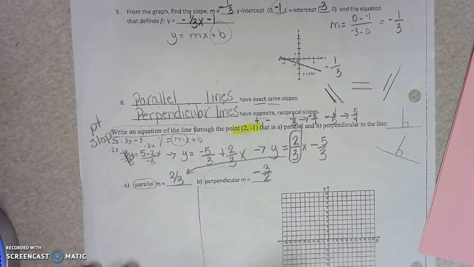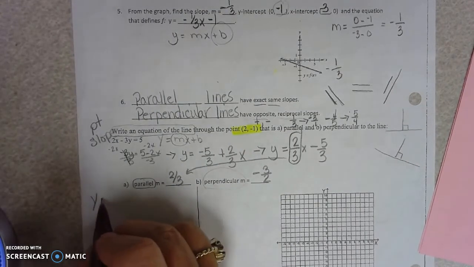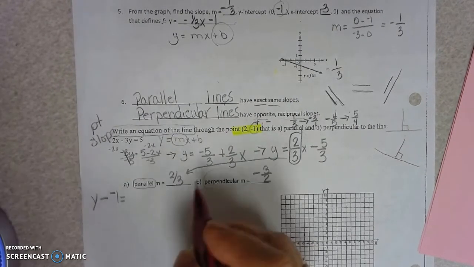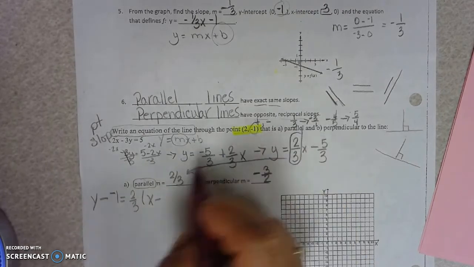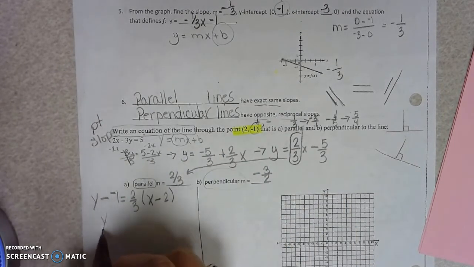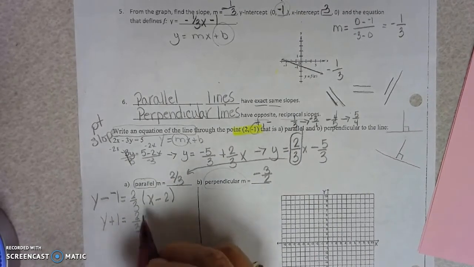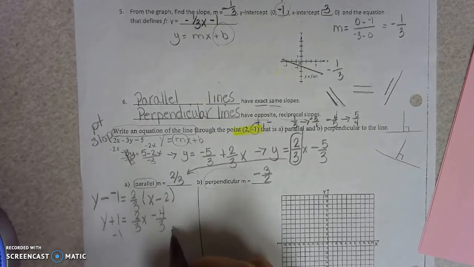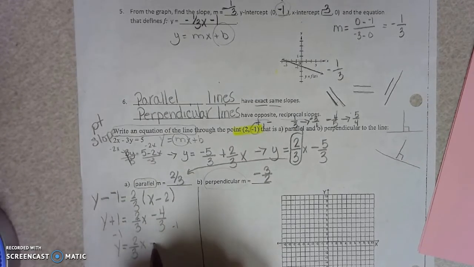So if I want to find the equation of the line that's parallel, y minus the y value equals the slope times x minus the x value. We can distribute, it'd be 2/3 x, 2 times negative 2 is a negative 4/3. And subtract a 1 from both sides. 2/3 x minus 4/3 minus 1.